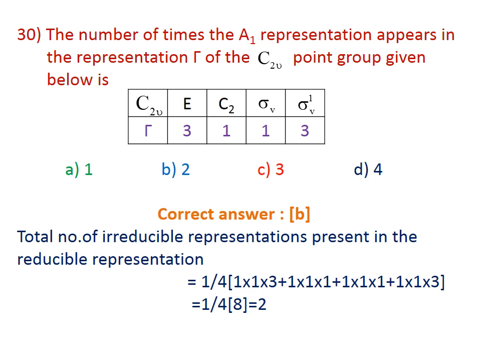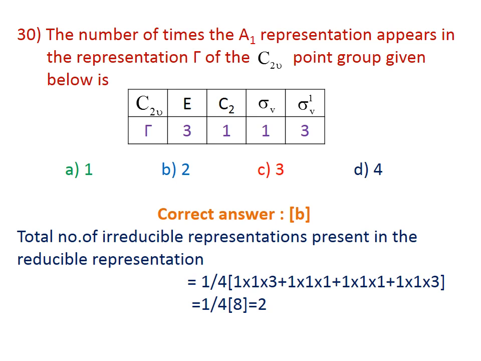Therefore, 1 by 4 into the character of the symmetry operation E: the character of the irreducible representation is 1, and the character of the reducible representation is 3. 1 into 1 into 3, plus 1 into 1 into 1, plus 1 into 1 into 1, plus 1 into 1 into 3.